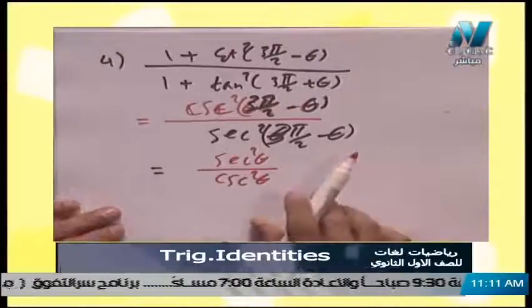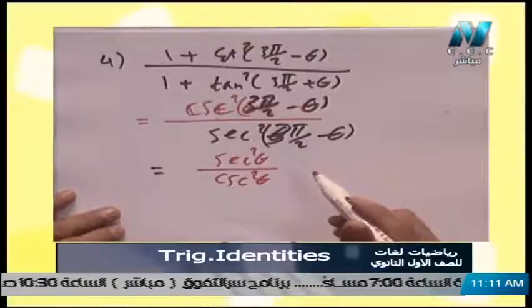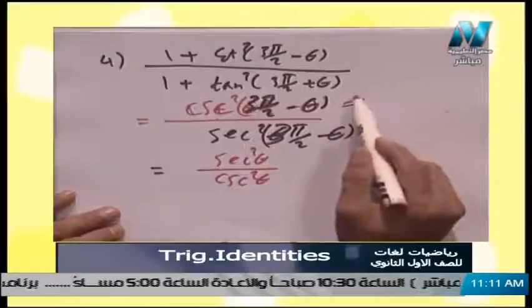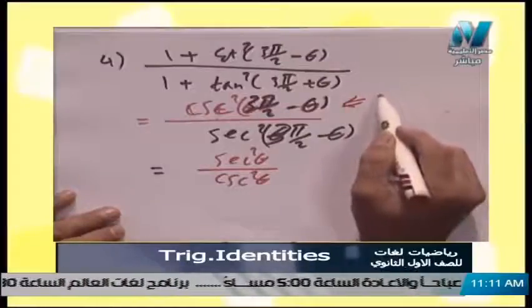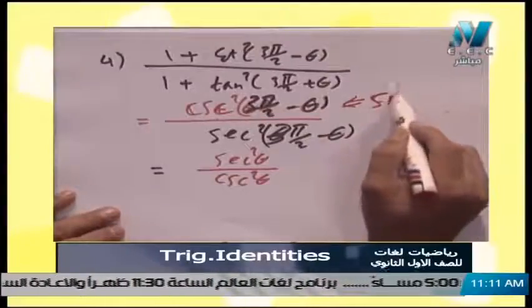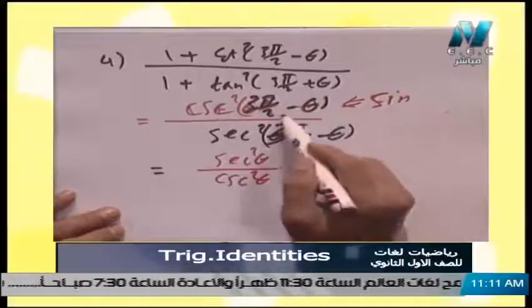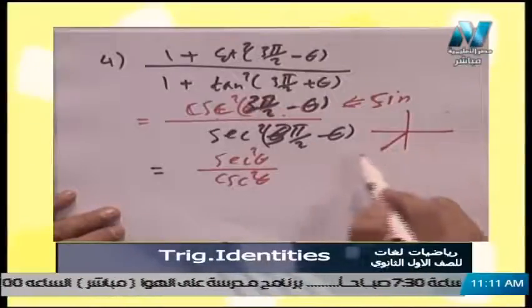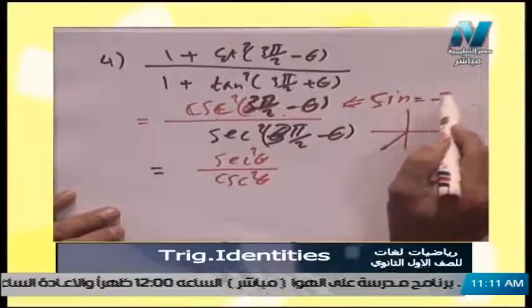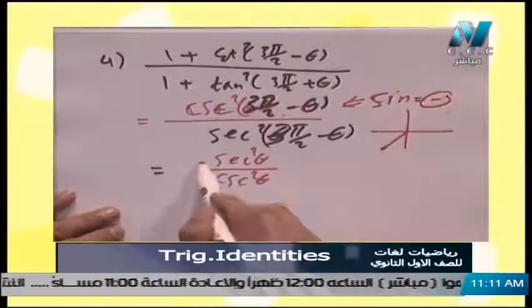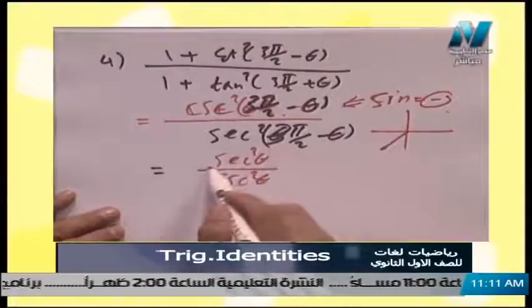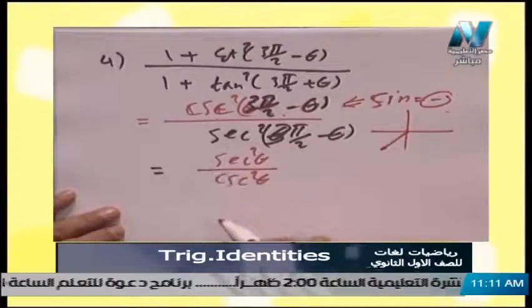And we know that cosec power 2 theta is the reciprocal of sine, and this angle is in the third quadrant, where sine is negative. But when we take power 2, it will be positive.